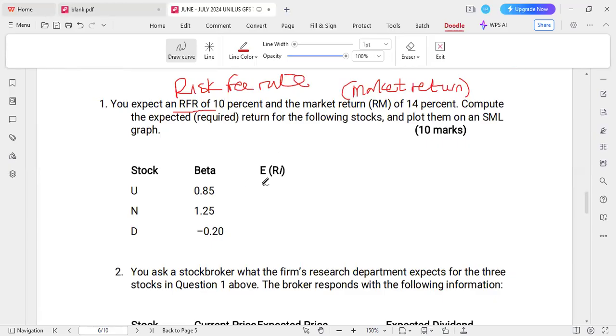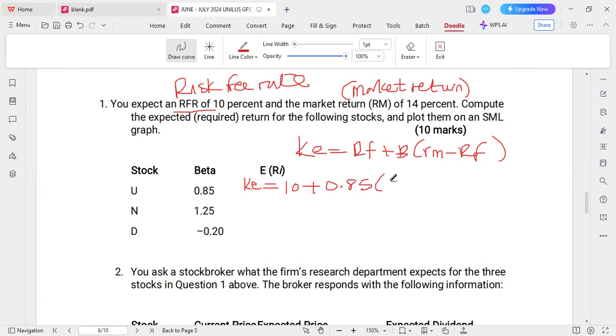So here our expected return for this one is going to give us, using this formula, we're still using the same one: risk-free plus beta, return of the market minus risk-free. So our risk-free rate here is 10%. The beta is 0.85.